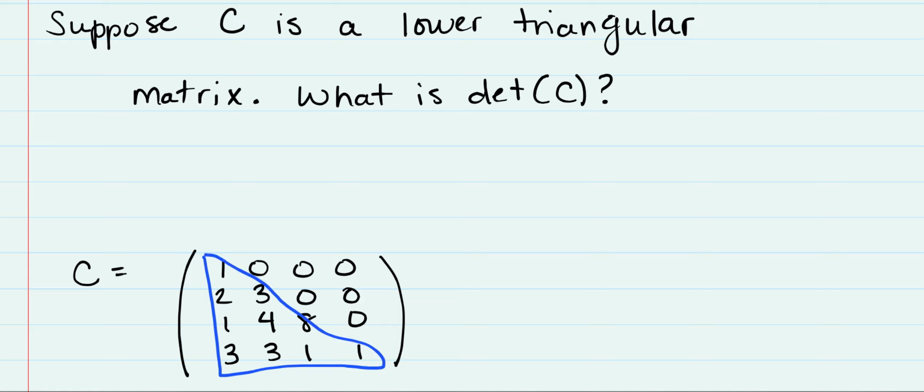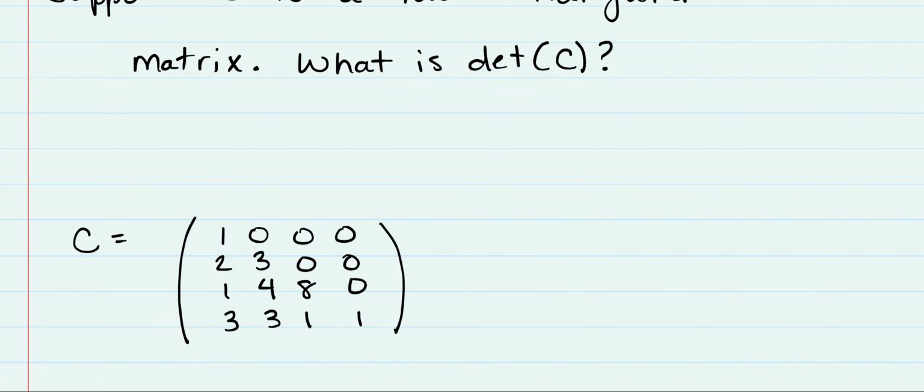Right? So it's lower triangular. What is this guy's determinant? This is actually something you can figure out really quickly. You don't have to do a whole lot of work, because let's remember what we did before. I said that if you have a big matrix and you have a bunch of zeros, you want to go along the row or the column that has the most zeros.